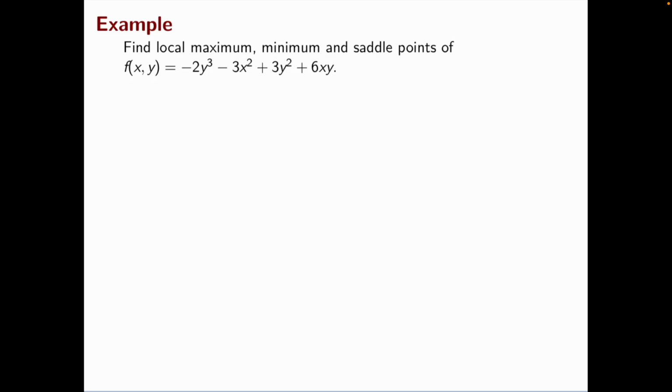So to calculate critical points, first of all, we need to calculate the partial derivatives, right? The partial derivative with respect to x, in this case, is going to be equal to minus 6x plus 6y.